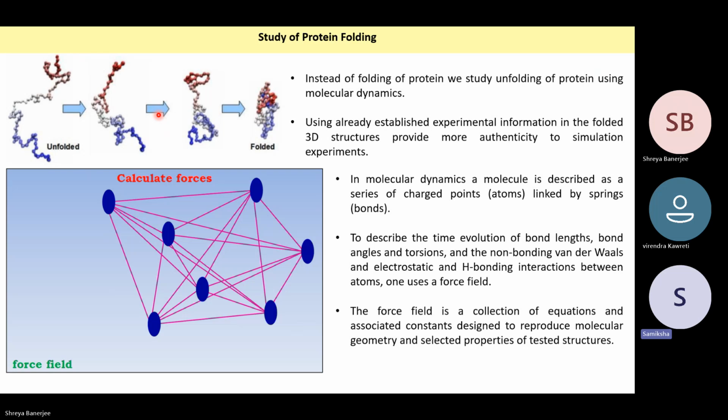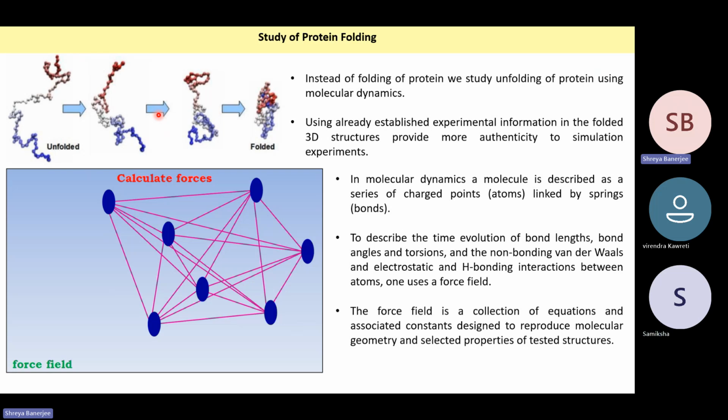Mostly we use polar solvent only, meaning we use H2O, because we are trying to mimic the conditions of our cell. But is it true that we can use non-polar solvents and others? Yeah, there are options. If you look at the molecular dynamics simulation software, there are options of many solvents. You can use acetonitrile, you can use chloroform, any solvent.